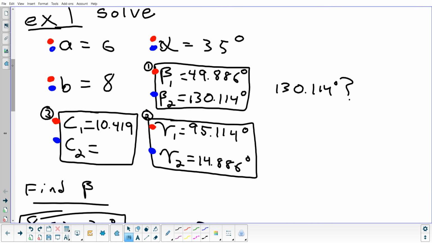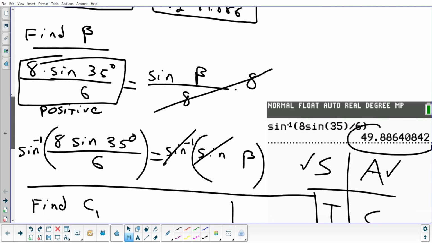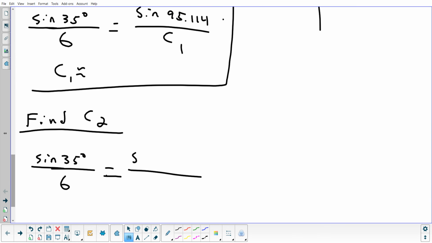You could use B beta 2, but you're using something that has a decimal, so it's going to throw the accuracy off of your answer. So let's do A alpha again. Sine 35 over 6 equals. And how about Jake, to find C2, what angle am I going to use? 14.886. Yep, I'm going to use that gamma 2. So sine 14.886 over C2.